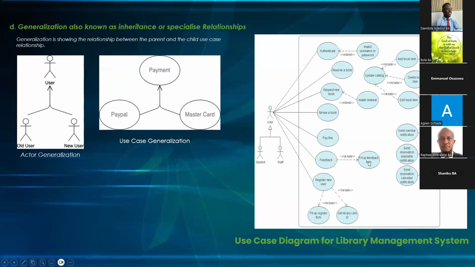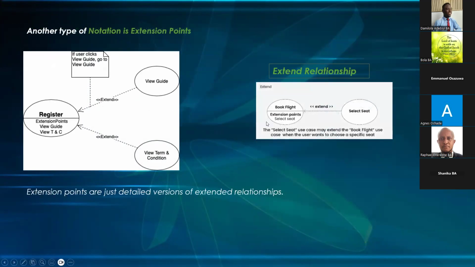Meaning, whenever the user wants to give feedback, it calls another use case, which is to fill feedback form. So you can see the arrow. So this use case cannot be complete until this use case is completed. So the same thing here.